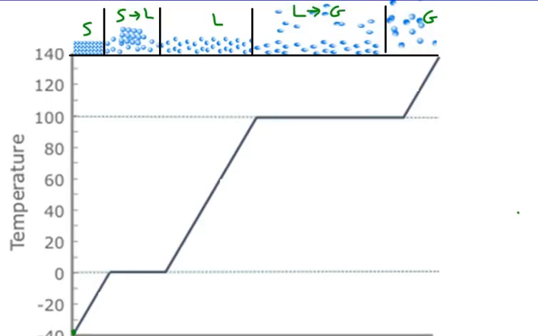So this is what we call a heating curve. You can see over a range of times and temperatures that the temperature is definitely rising over time. So this represents the heating curve of water, and I'll explain how you'll know it's water in a second.